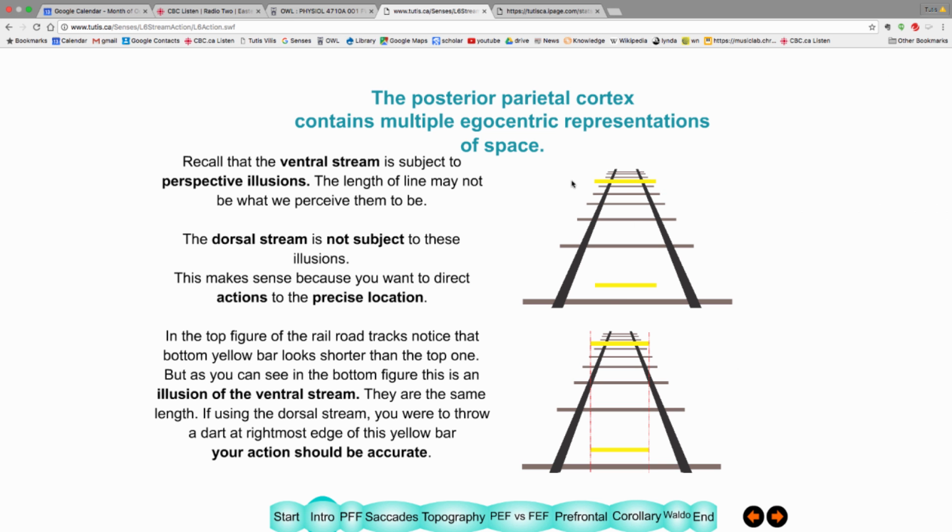So we assume it's a longer bar than this bar, but if you actually measure them, they're of equal lengths. And so for the action stream, it's important to point to or reach for objects exactly where they are and not be fooled by these illusions. And in fact, if it's working right, it won't be fooled by these illusions. So the movements will be accurate.